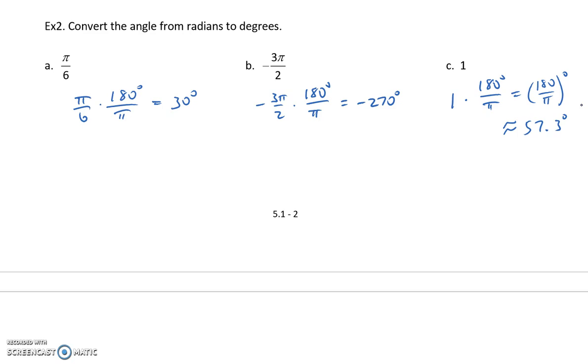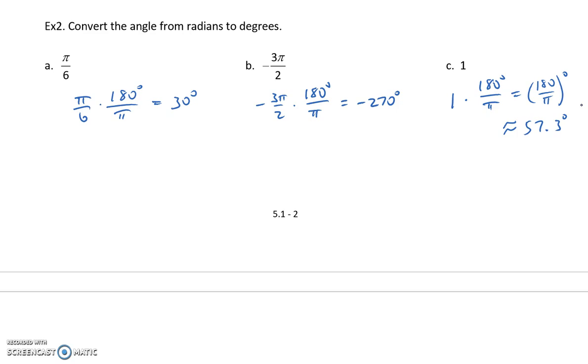I mentioned previously that if you look at an angle where the intercepted arc's length is identical to the radius, it looks like about a 60-degree angle. This shows that actually 1 radian is a little bit less than 60 degrees, a little bit more than 57 degrees.